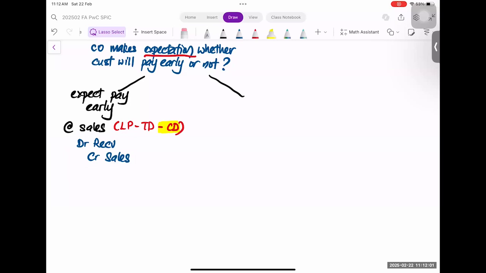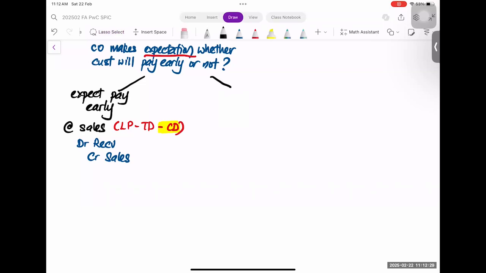So I repeat, I don't purposely record a separate discount allowed account, but when I record my sales at the very beginning, I will minus the cash discount out from the amount already. All right, so this is the first scenario.